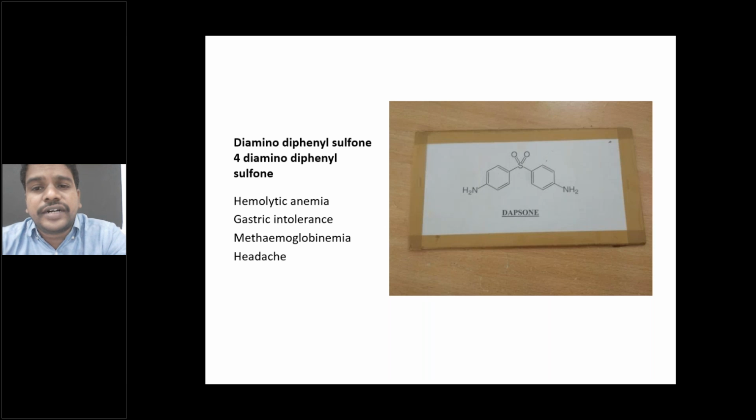Then dapsone. Dapsone, which group of drug is it? Very important drug. Anyone knows? Antileprotic. Very good. Dapsone is 4,4-diamino diphenyl sulfone.